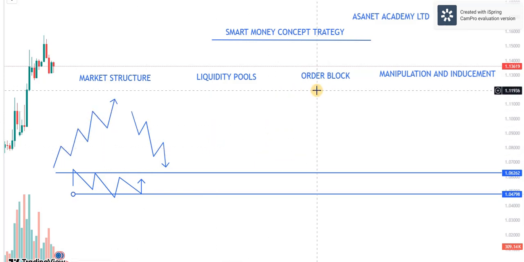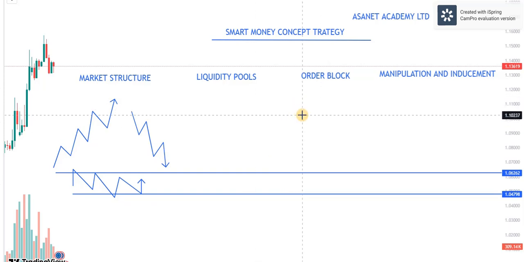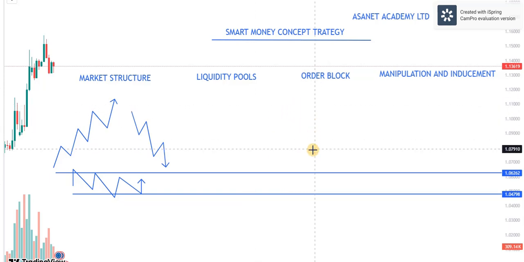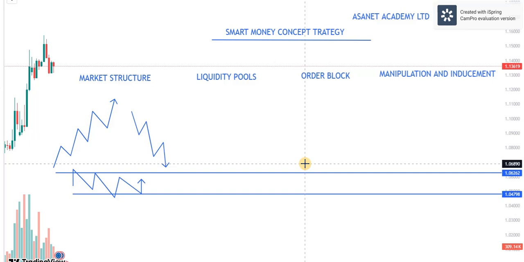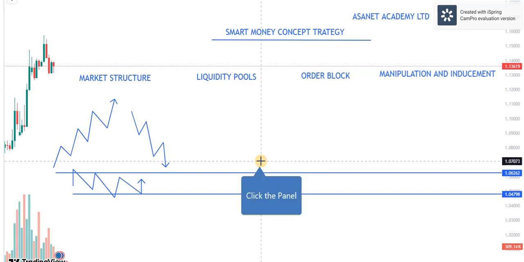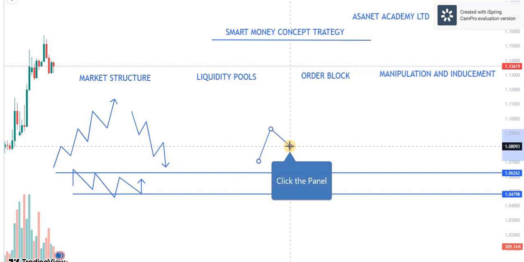Then order block. When talking about order block, let me draw something. An order block is a zone responsible for breaking a structure. We have this market structure. You check this zone here: this is the zone that broke this structure.